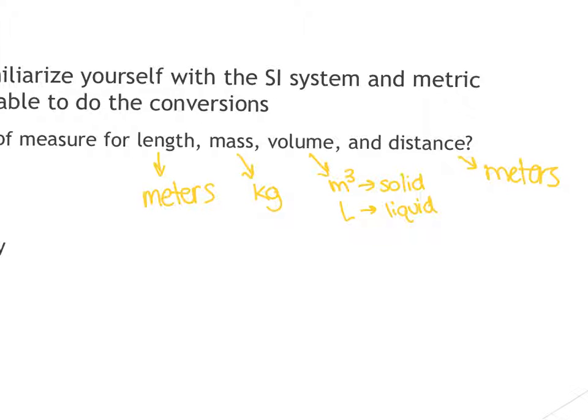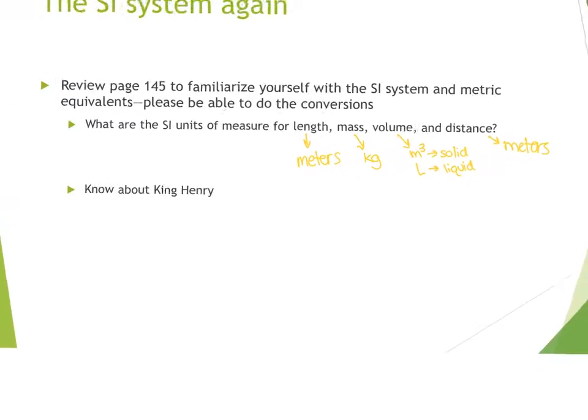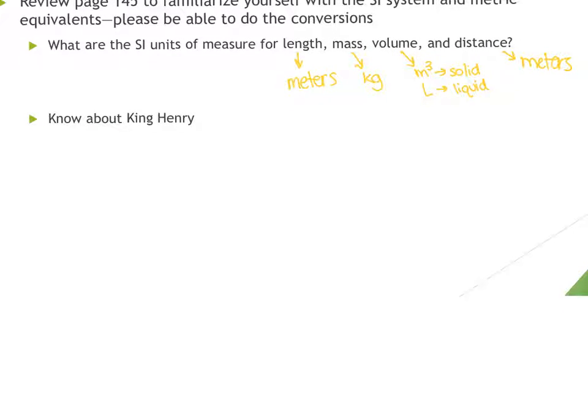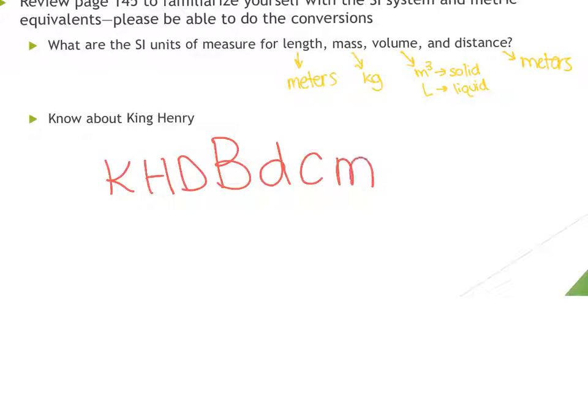So when you do measurements in here, especially in this unit, you're going to make sure that you're using these SI units. When they tell you to be able to do the conversions, it's basically the old King Henry died by drinking chocolate milk. So if you don't know that, in the middle you'd have your base unit. So this is going to be things like meters, grams, liters.